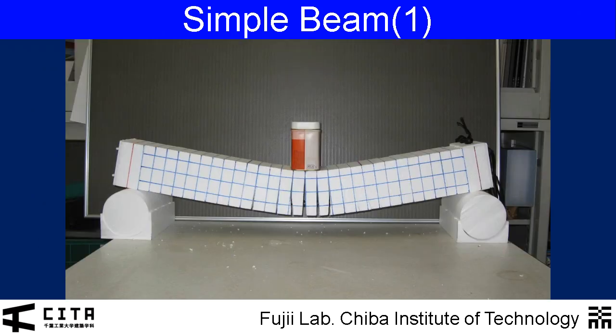Here, to help you visualize the internal forces in a beam, I will show you a photo of a beam model. In this photo, we assume that the left end of the beam is supported by a horizontal roller and the right end is supported by a pin.